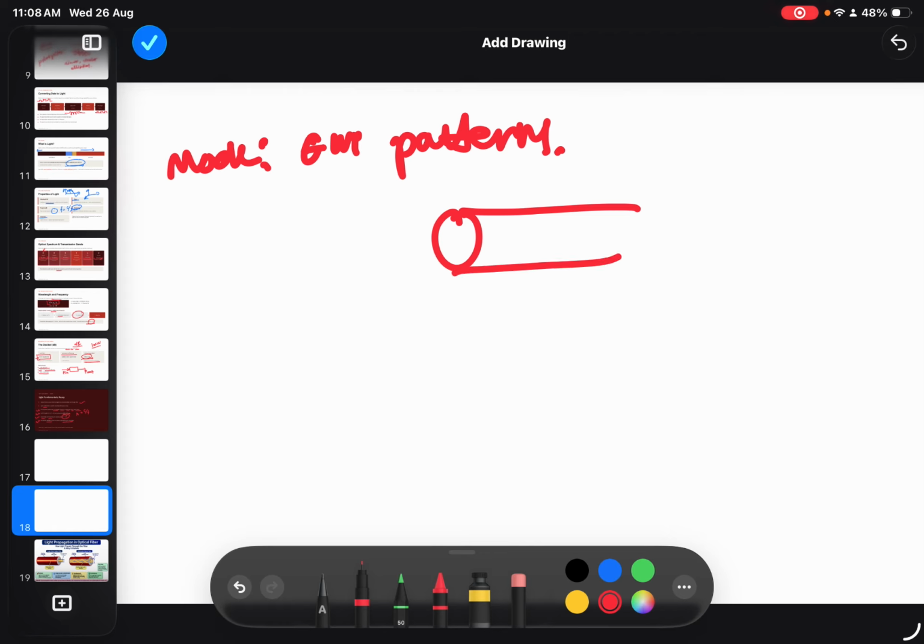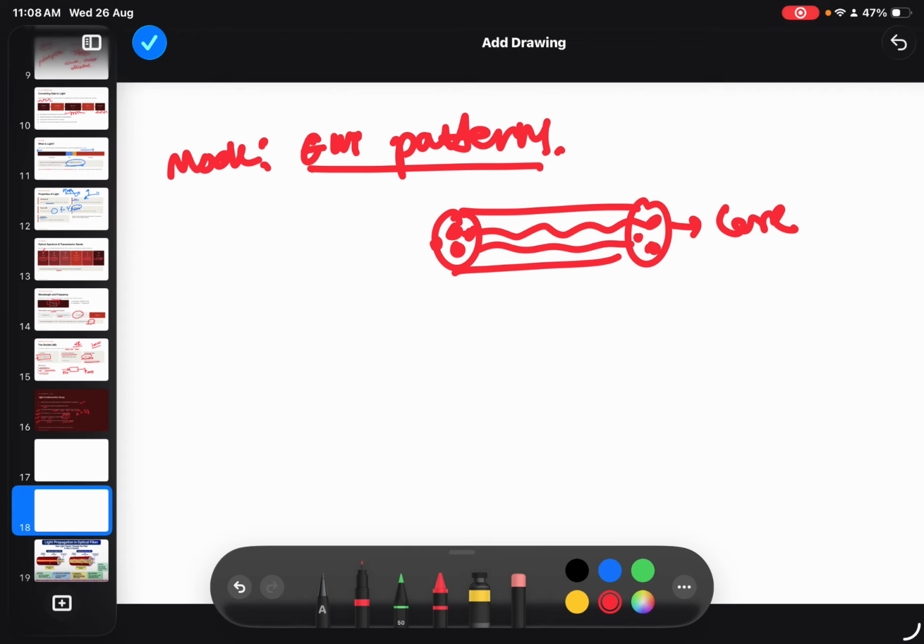We have this core, and there are multiple paths available for the light to enter the fiber and go out of it. In technical terms, these are electromagnetic or field patterns that are confined inside this core. We have the clad part also.